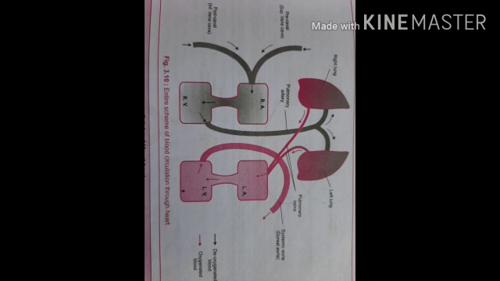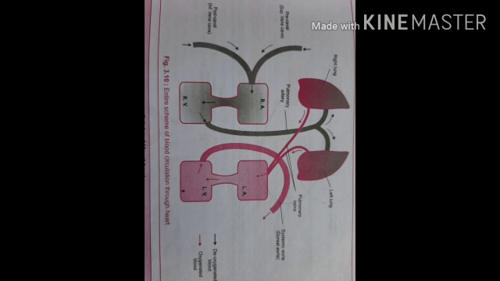Children, do remember that both the chambers, right atrium and left atrium, are separated from the right ventricle and left ventricle with the help of a valve. There is a valve present on each side. On the right-hand side there is a tricuspid valve, and on the left side there is a valve called the bicuspid valve, and the function of a valve is to prevent the backflow of the blood.